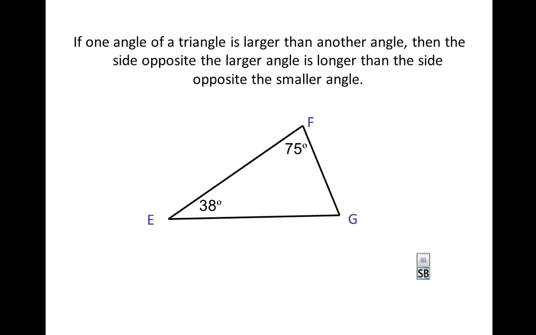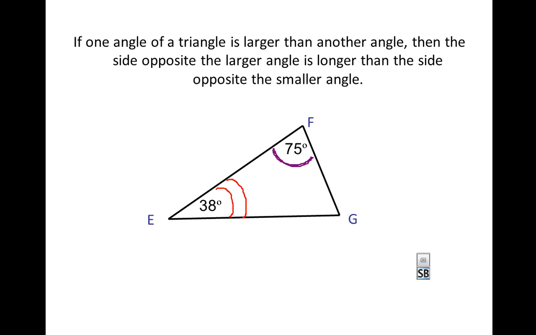If one angle of a triangle is larger than another angle, let me pause right there. So you can see that angle F is greater than angle E, right? Let's pick up where we left off. Then the side opposite the larger angle is longer than the side opposite the smaller angle.